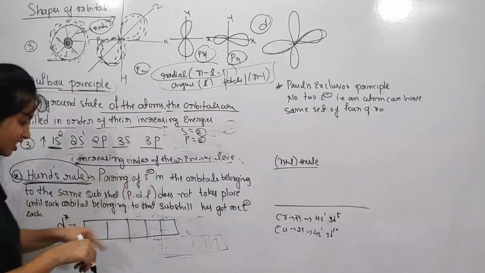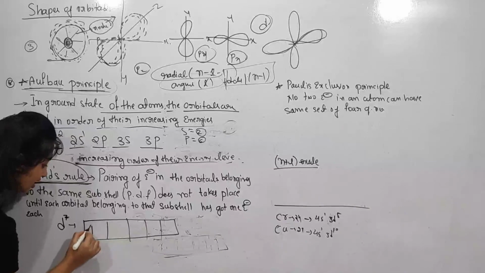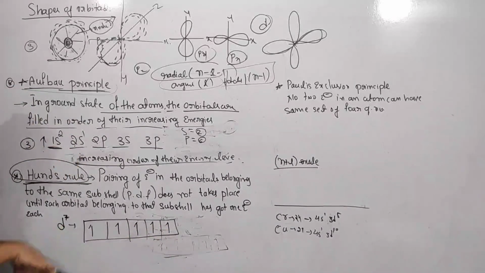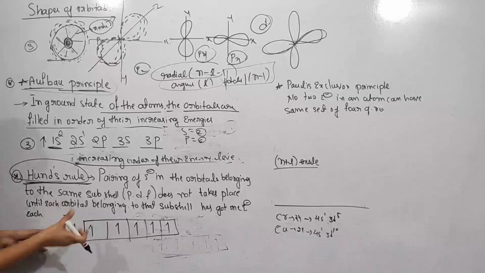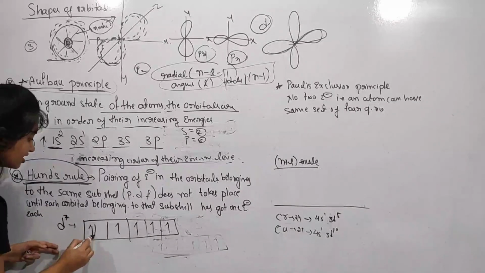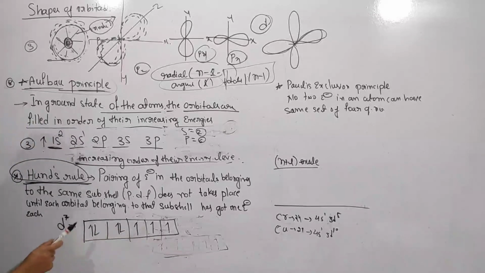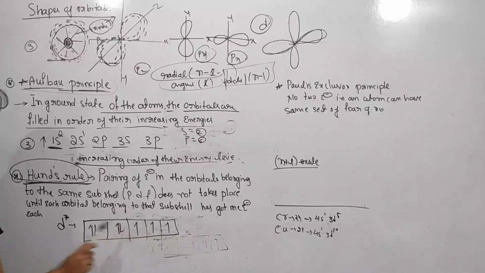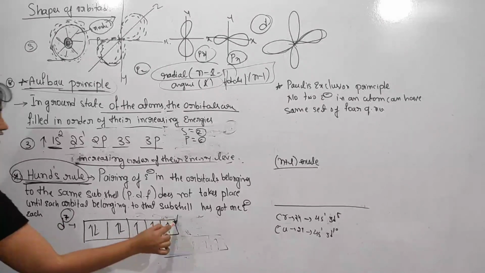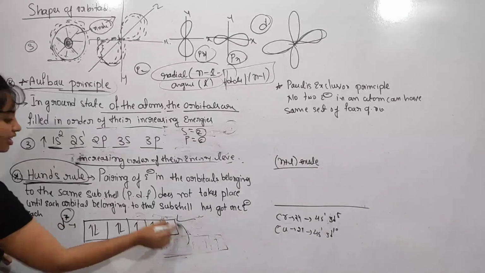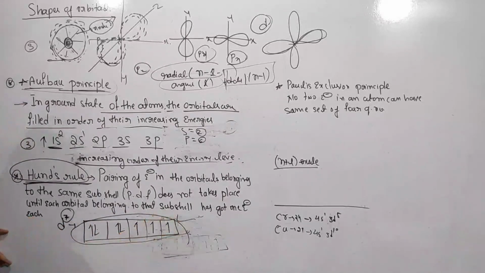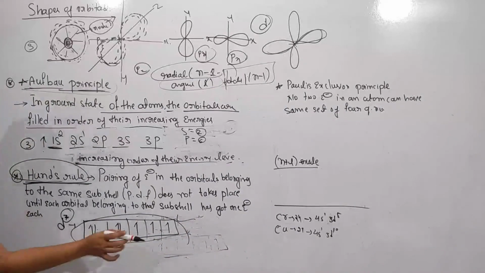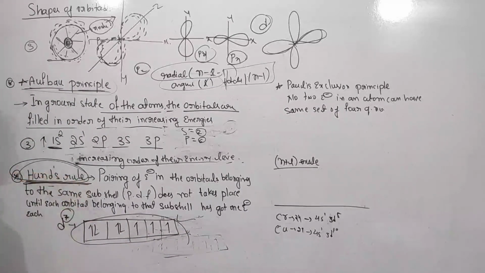Hund's rule says this: first 1, 2, 3, 4, 5, and then pairing takes place: next 1, 2. Counting the electrons: 1, 2, 3, 4, 5, 6, 7. So I fill the 7 electrons like this. In this manner the electrons are filled in the orbitals, as stated by Hund's rule.